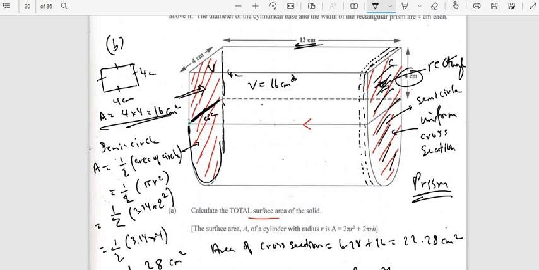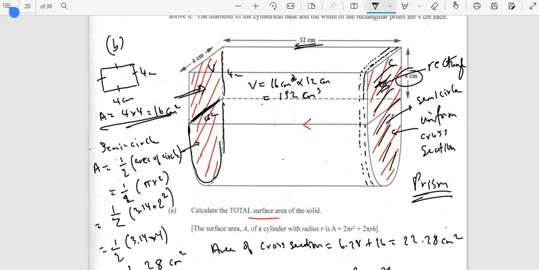I'm going to multiply by the distance between both uniform cross sections, which is 12. And 16 multiplied by 12 gives us 192, and since it's centimeters, that will be centimeters cubed.